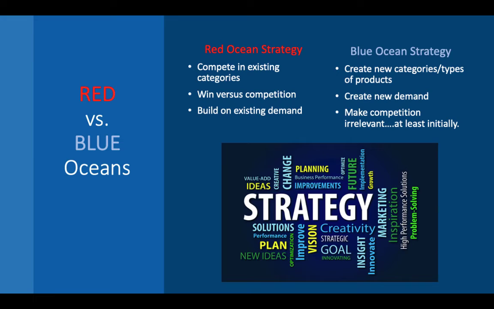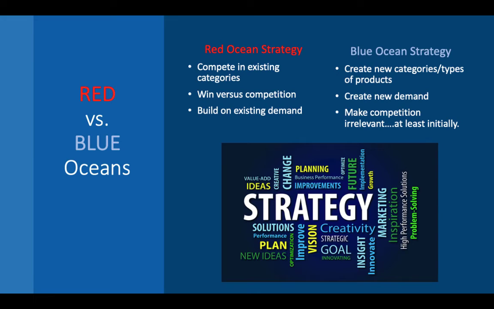The appeal of blue ocean strategy is that when you're successful with this, the advantages are at the very top of the kind of returns that you can get in terms of sales and profitability especially. It's all about creating new categories and types of products, new demand, and making competition irrelevant, at least initially.